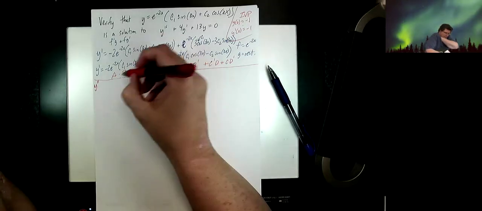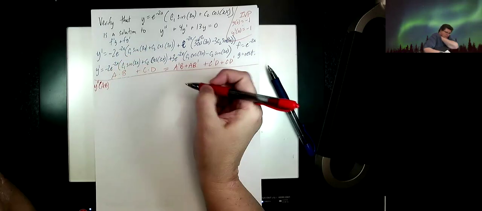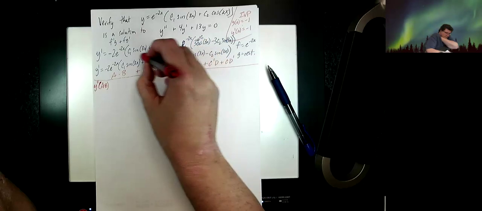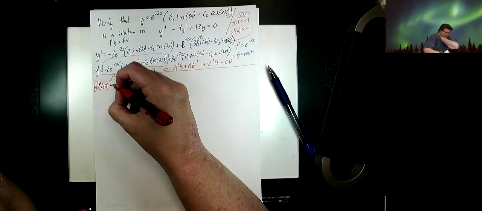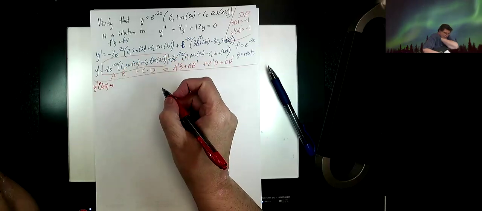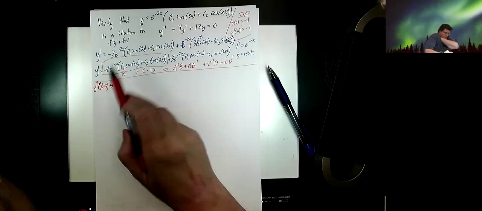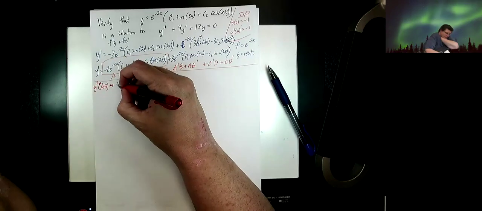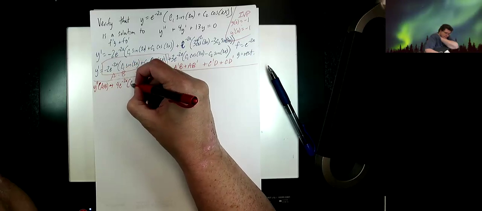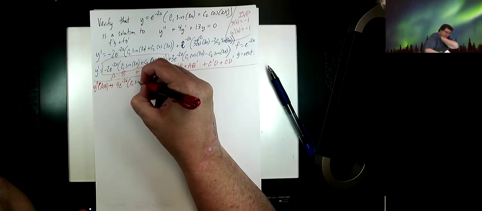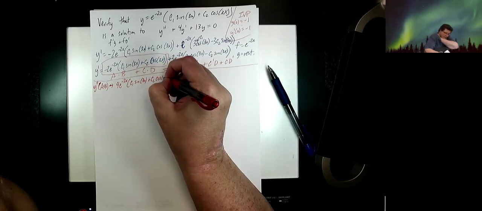Let's focus on the AB portion first. Just focusing on this one, that's my AB. So if I do the derivative here, again, I'm doing the derivative of the exponential first. I have 4e to the negative 2x times C1 sine 3x plus C2 cosine 3x.